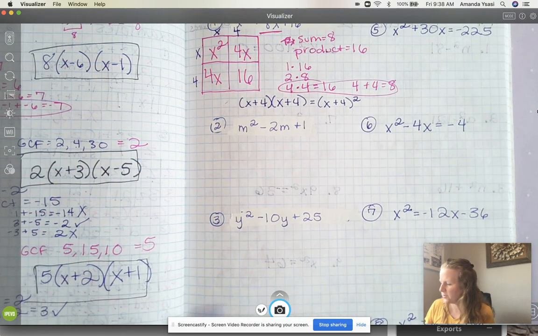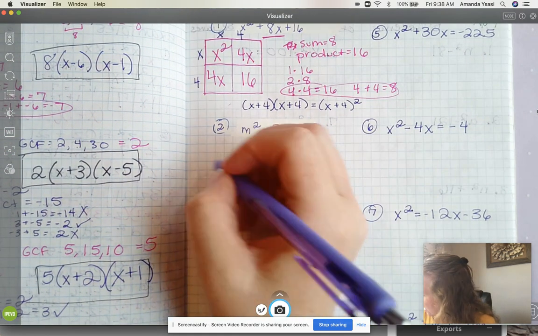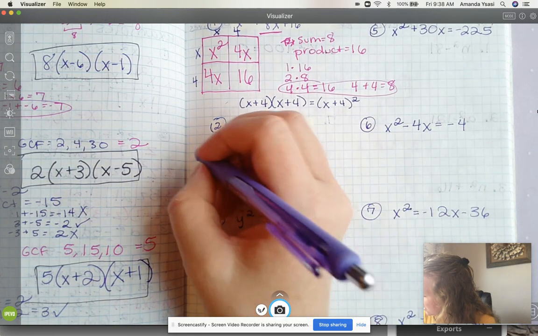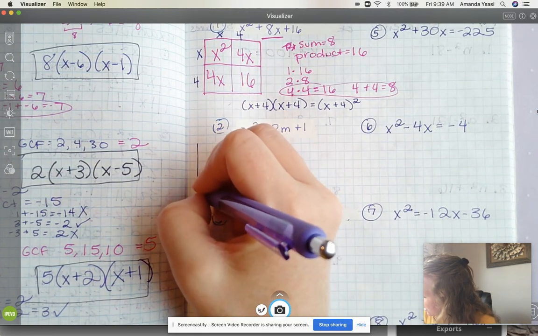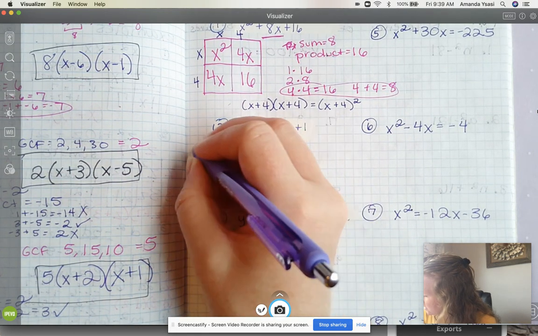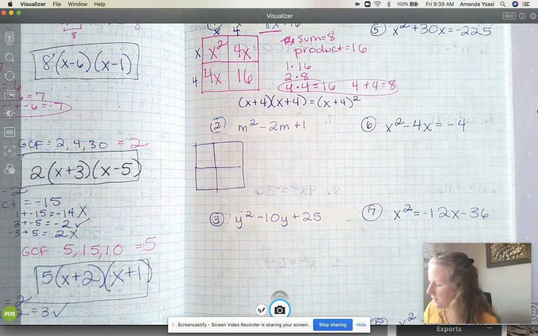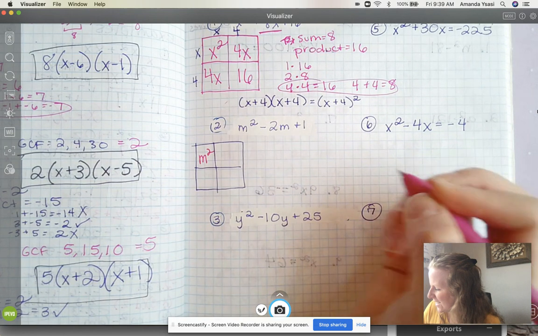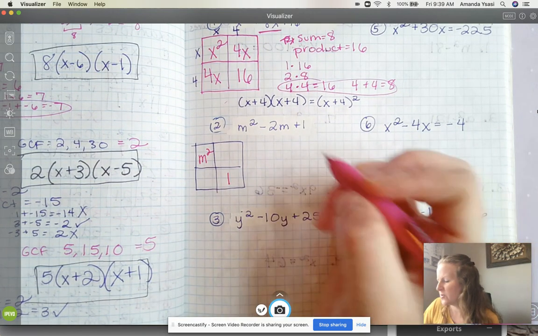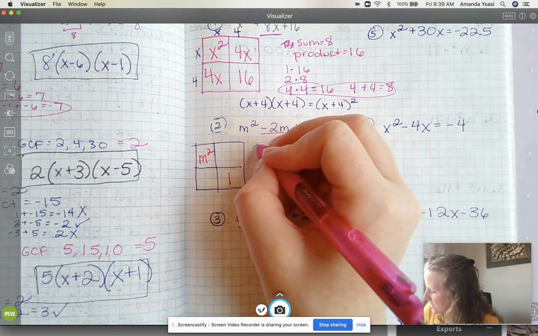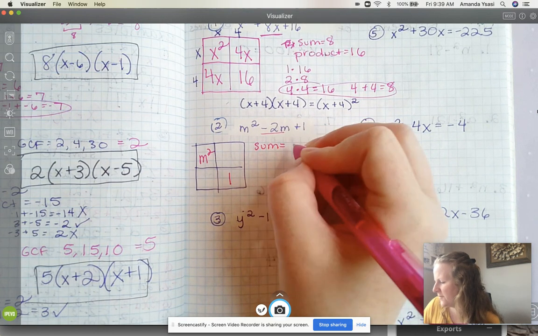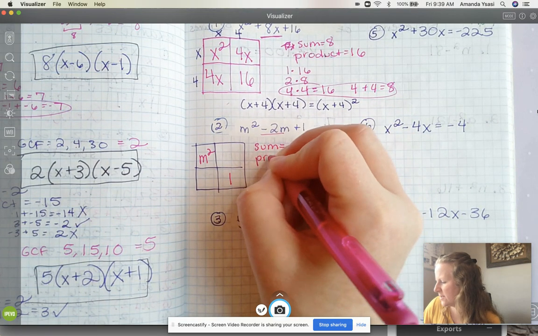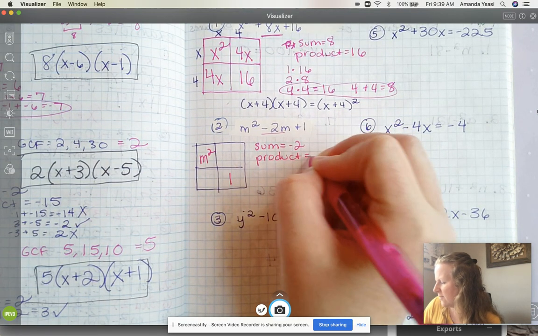Okay, let's go to the next one. We have m squared. I'm going to go ahead and make my little box here. We have m squared, and we have a positive 1. So we want a sum of negative 2 and a product of 1.